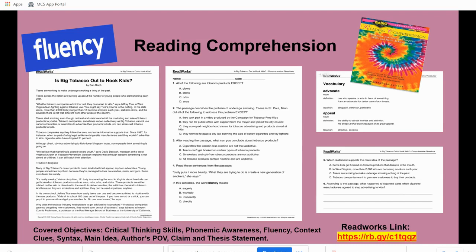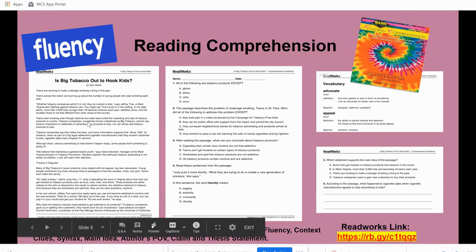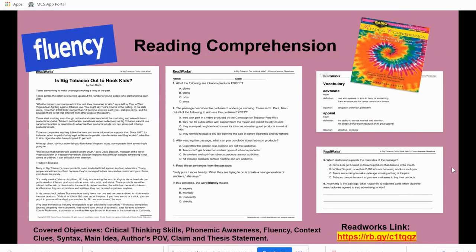Now, that is the awesome thing. Not only am I getting, as you see here on the left-hand side, the article, I am also being provided with questions that have been created specifically for CAASPP testing.